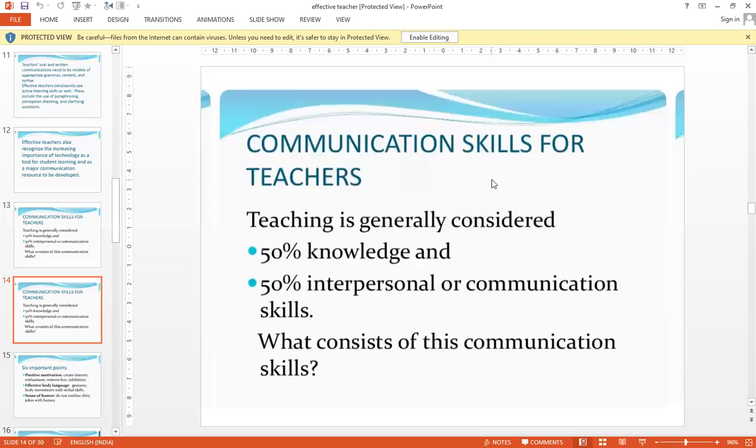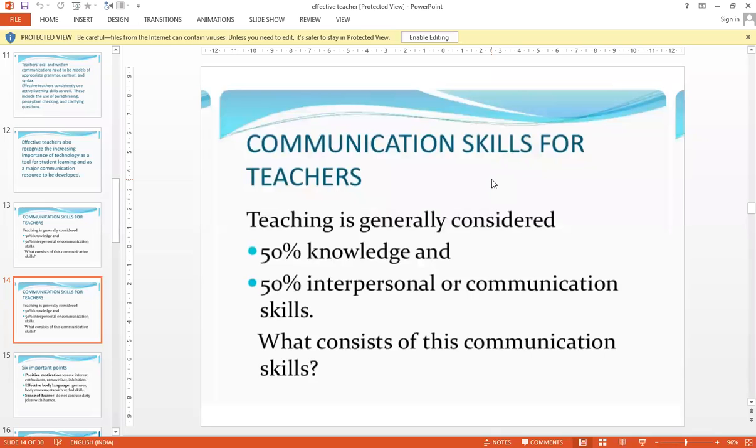Next, we have communication skills for teachers. Teaching is generally considered as 50% knowledge and 50% interpersonal or communication skills. So being a teacher, we need to acquire 50% knowledge. It's not only the knowledge that will help us to impart, but we also need to have an overall background.